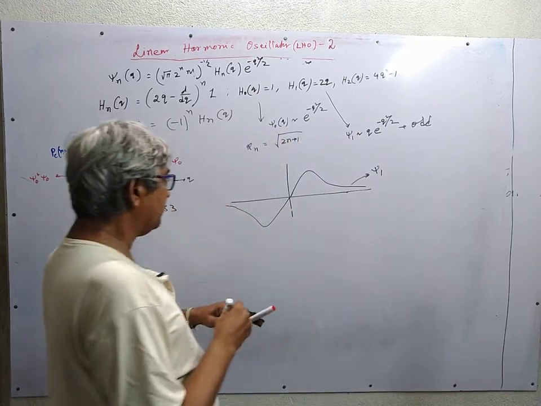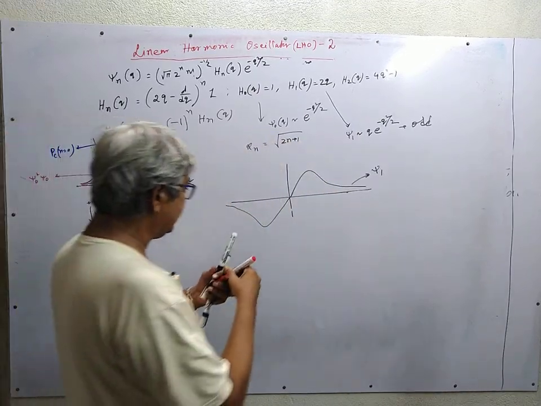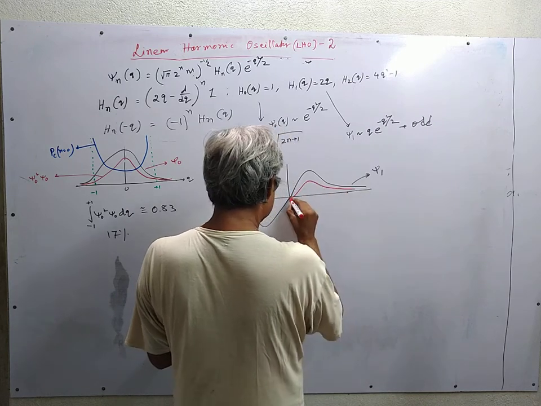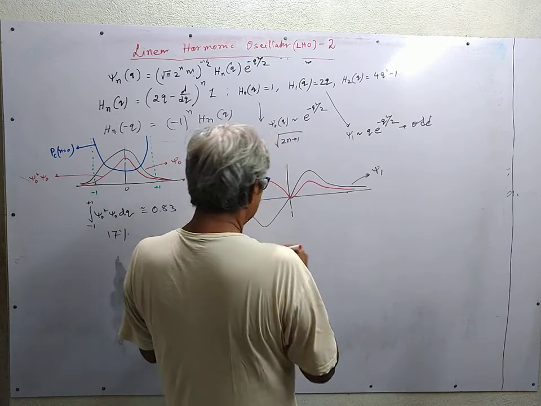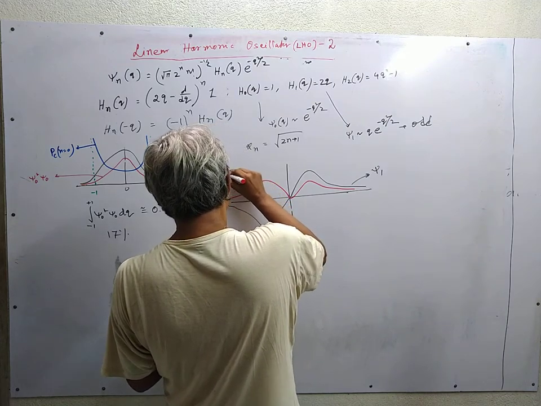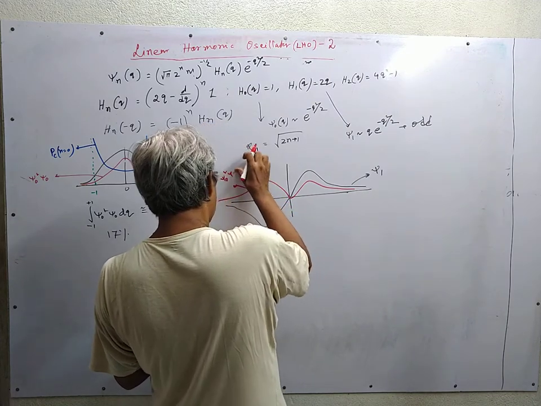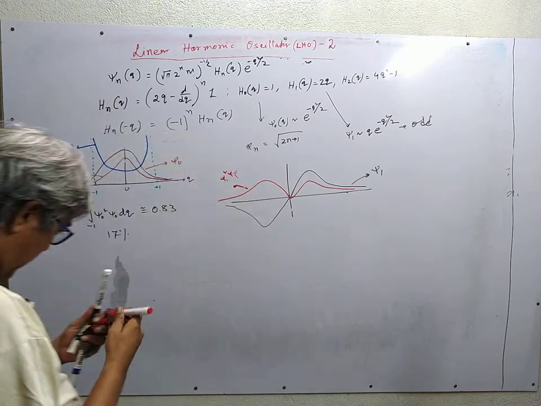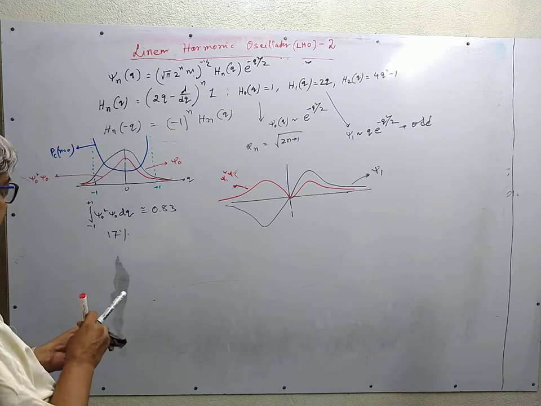Now if we find the probability distribution corresponding to this, it will be like this. This is psi 0 star psi 0, psi 1 star psi 1. And now we come to the classical limit.